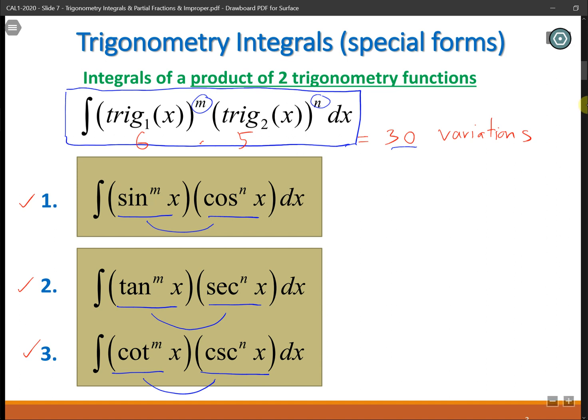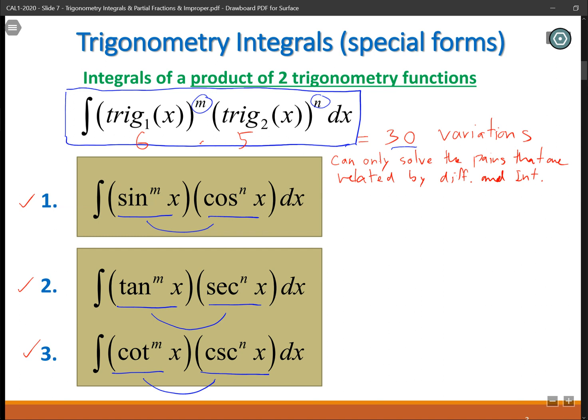So make a note here: can only solve the pairs that are related by differentiation and integration.